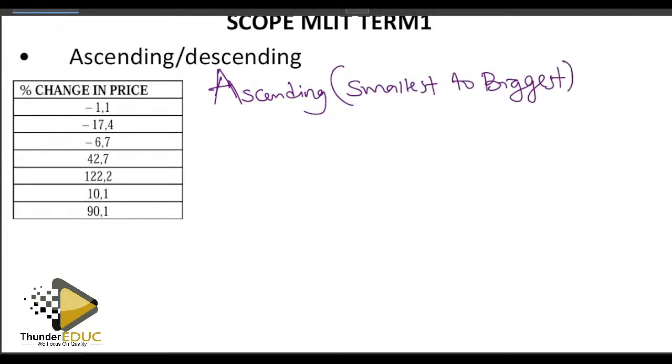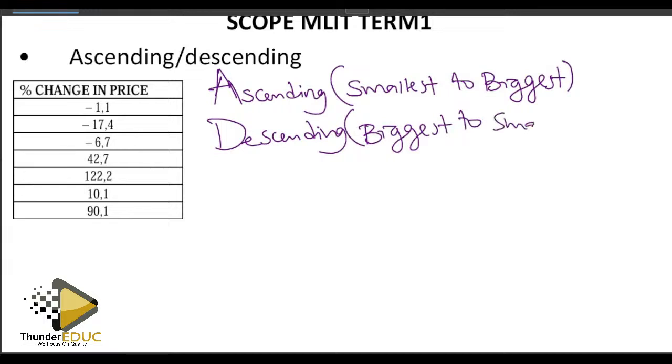That's ascending. Then descending, descend. Descending, you're arranging from biggest to smallest.